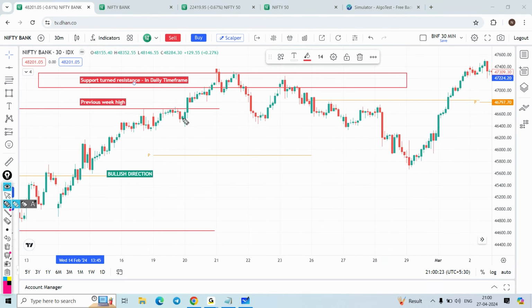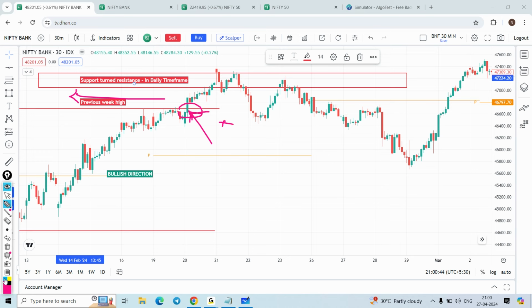So now, what's happening here? I will be framing all the rules in front of you. I'll be expecting, let's say I am going with a weekly breakout bullish opportunity. I'm not seeing anything else. On the left, I'm not looking at what price action is going on.